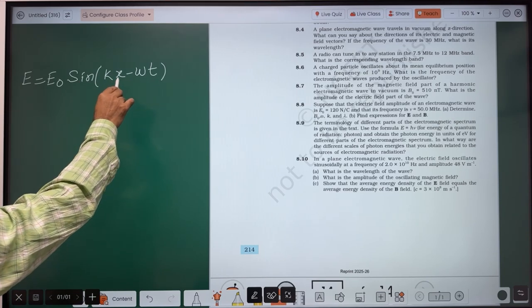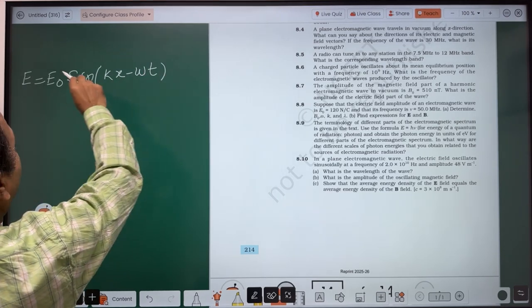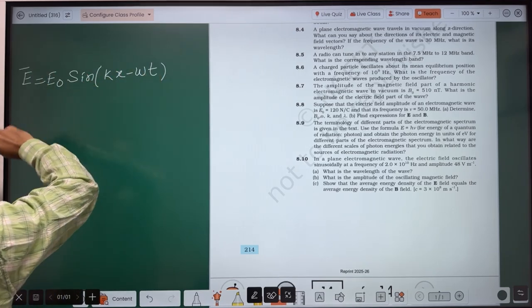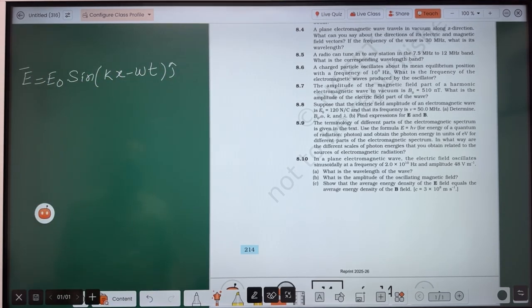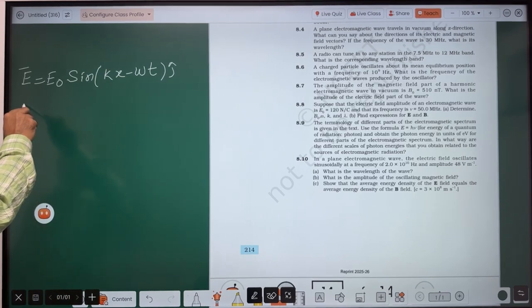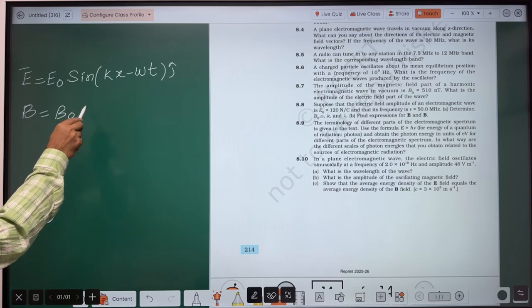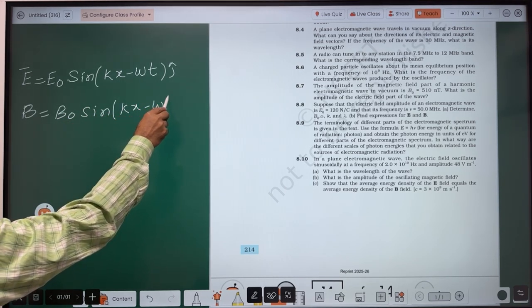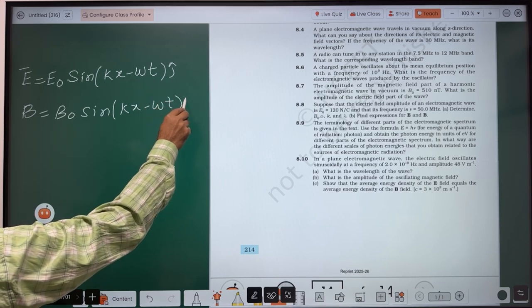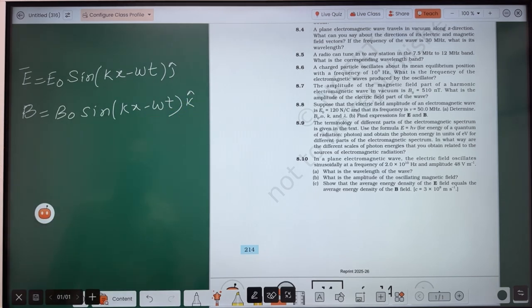Here we are just taking it as sine of kx minus omega t, and it is a vector, so it will be along j cap. The magnetic field can be written as B equal to B0 times the same expression kx minus omega t, along k cap, right?